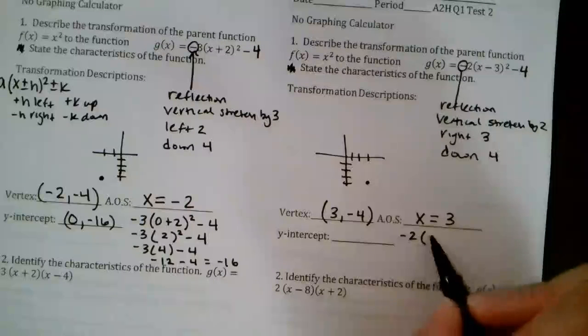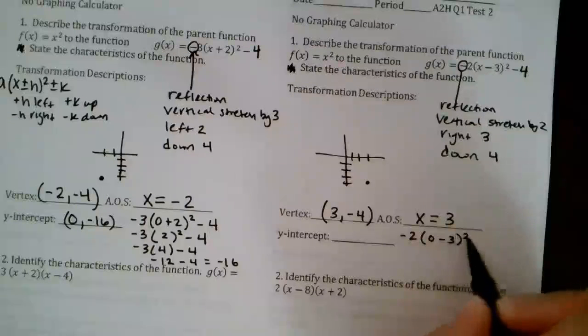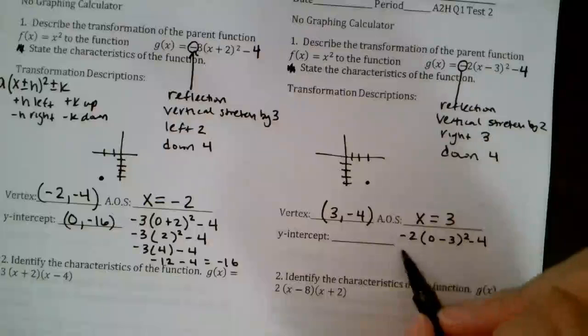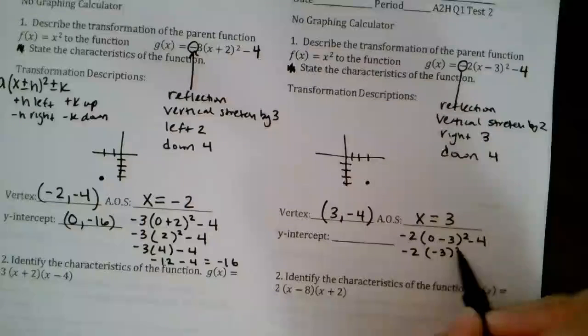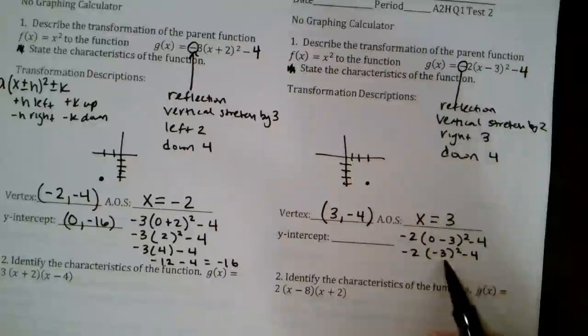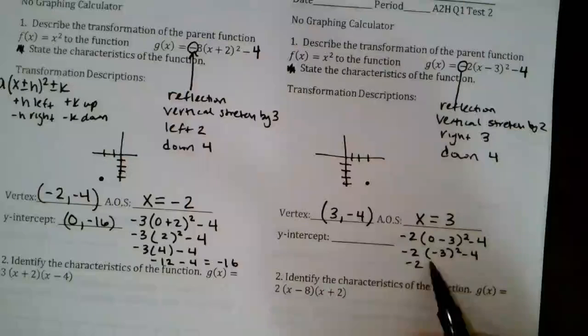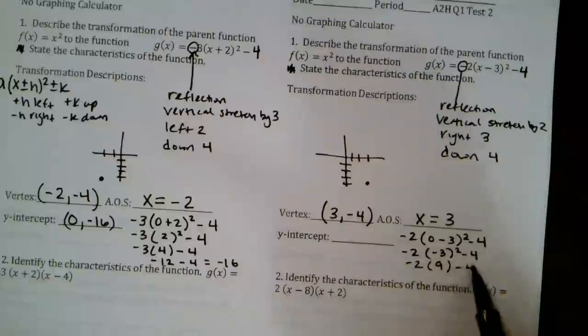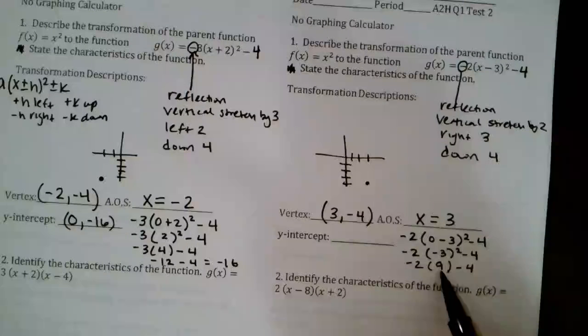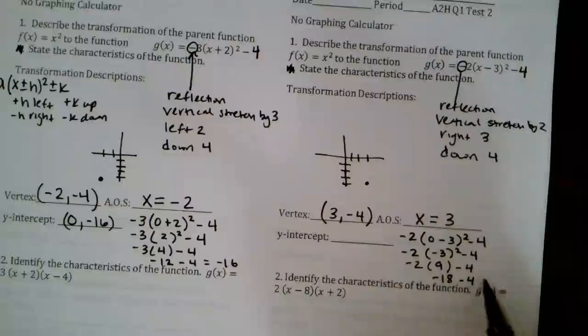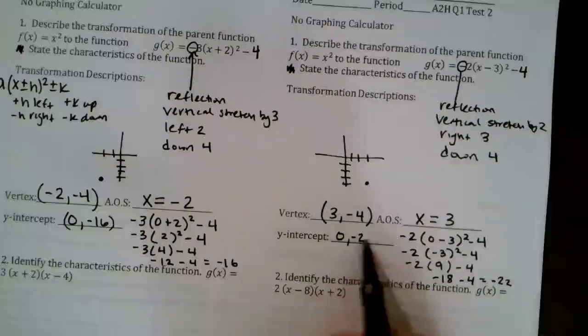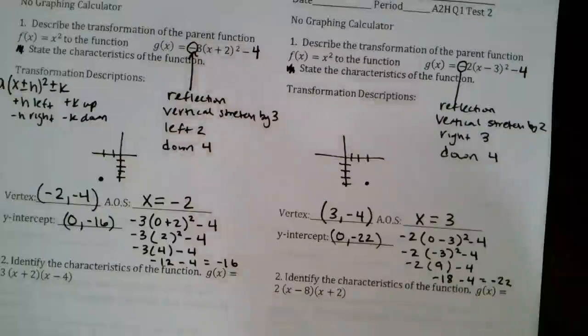We make our x value 0, and we follow order of operations. When you square a negative number, that becomes a positive, because it's -3 times -3 gives me +9, and then I have -18 minus 4, which gives me -22. So 0, -22.